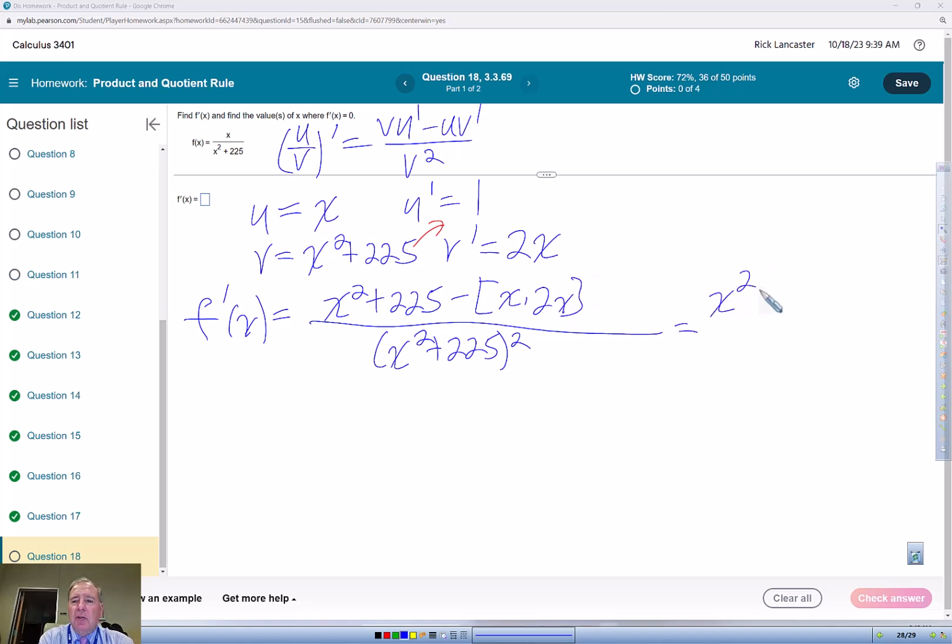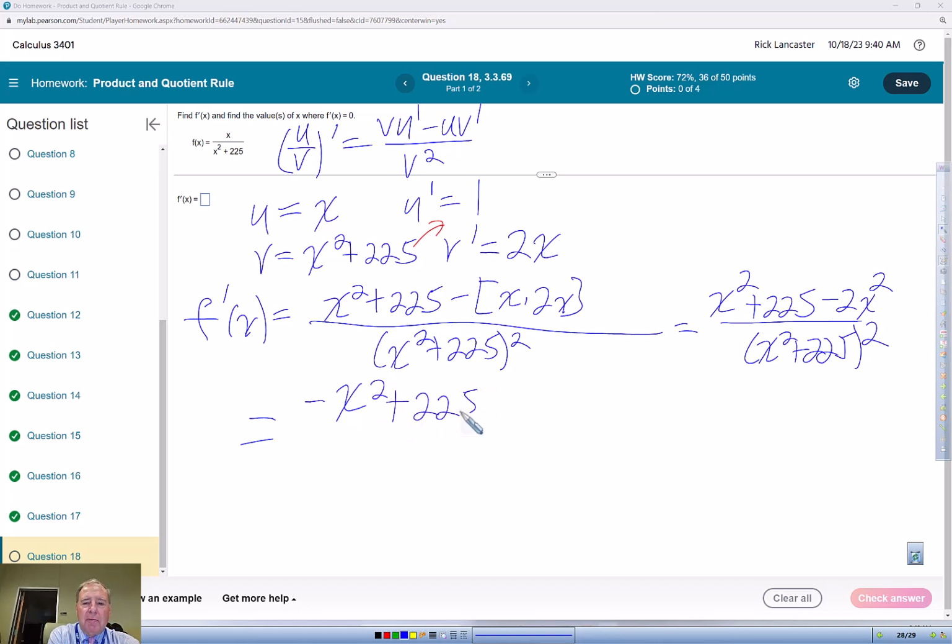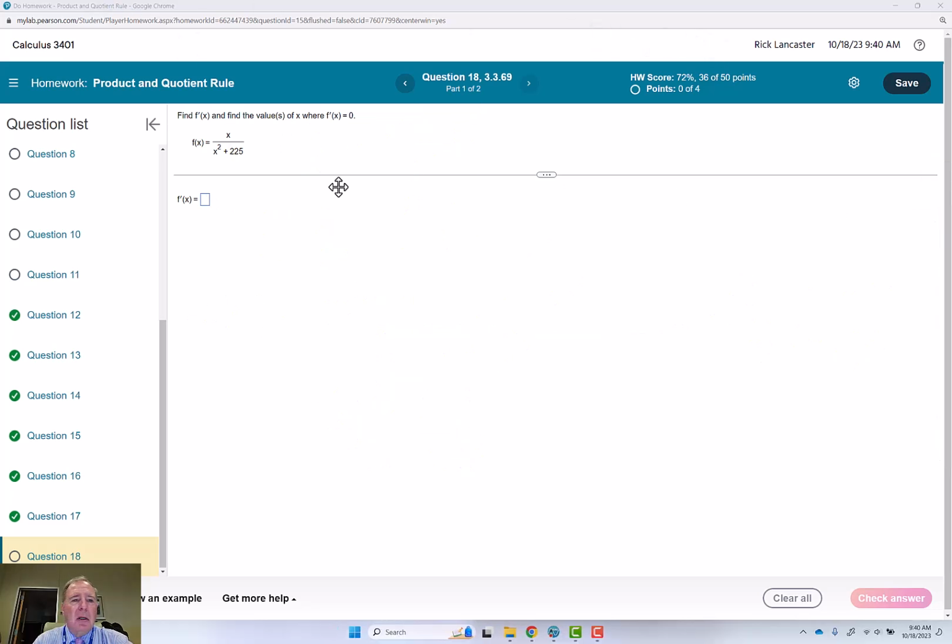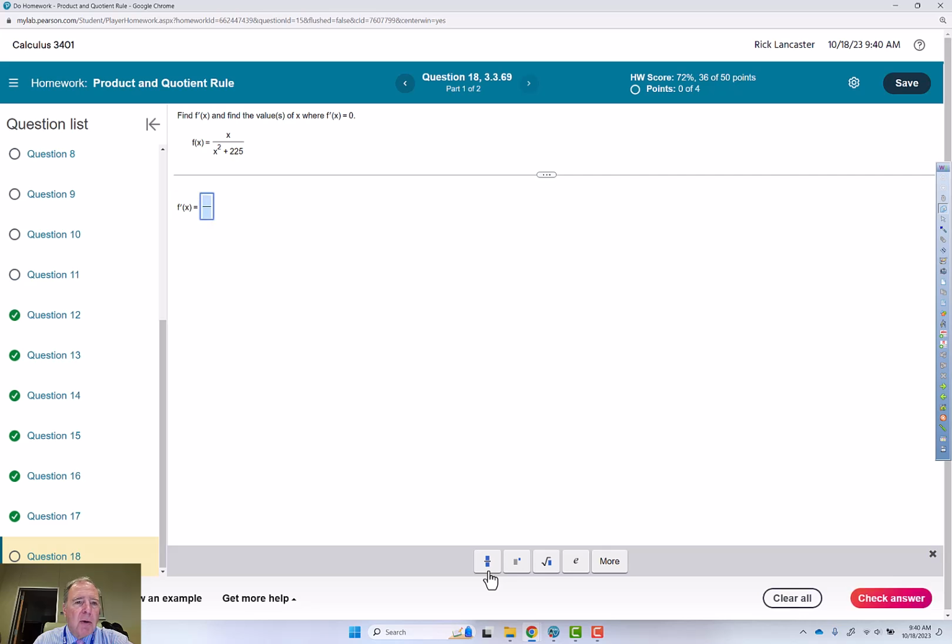So that's x squared plus 225 minus 2x squared all over the denominator. So our final answer is going to be negative x squared plus 225 all over the denominator, x squared plus 225 all squared.